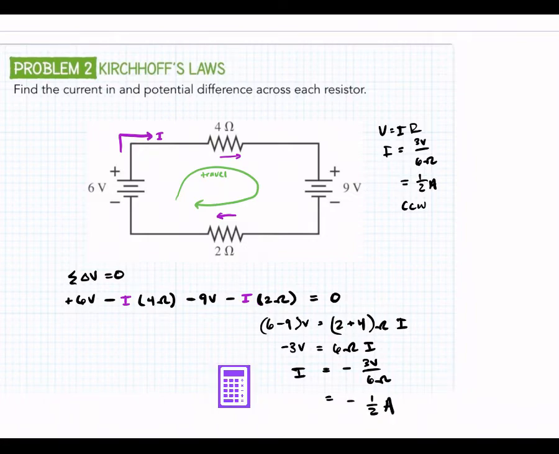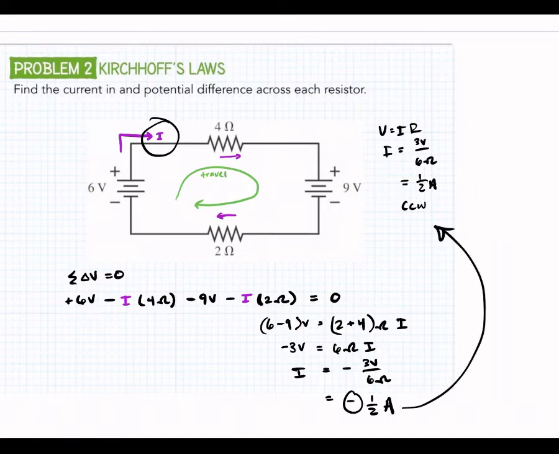So you see, since we picked our current going in the wrong direction, we get this negative sign over here. And so, like I said, it doesn't actually matter which way we pick our current because we're always going to get the correct answer. So we plugged in the numbers after we solved symbolically-ish. And this answer makes sense with our guess, okay? Because we picked clockwise and this negative tells us that our current goes the other way.